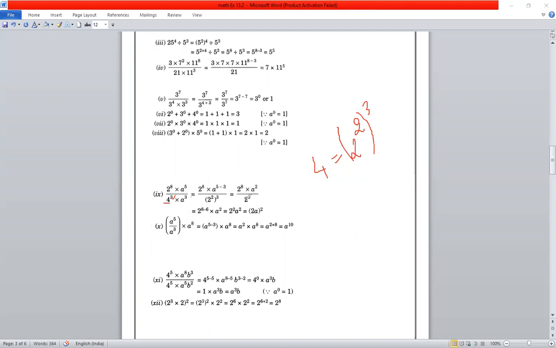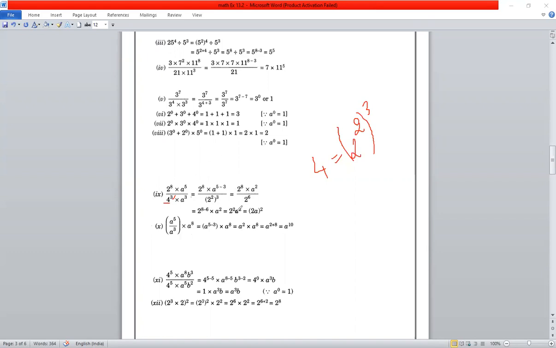Again we have to use, because we have the same base, when bases are same, subtract the powers in the division form. So 2 to the power 8 minus 6 into a to the power 2 as it is. 8 minus 6 is 2 and this a to the power 2 as it is.